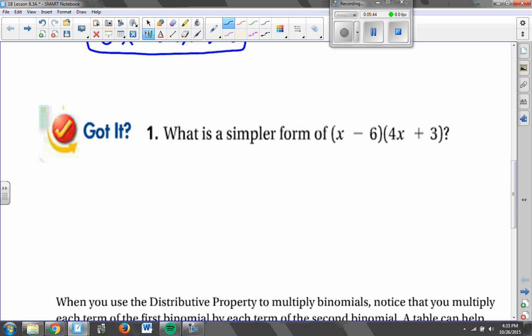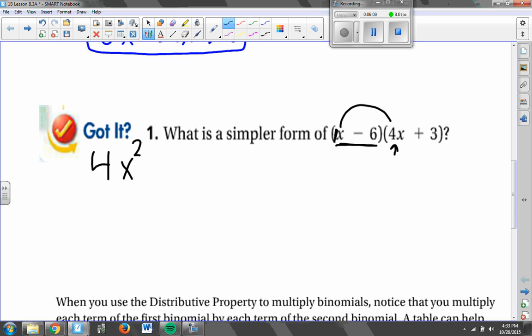But what I'm going to do, just like in the last problem, I'm going to take both pieces of this first set of parentheses right here and multiply it by this first term in my other parentheses, 4x. I'm going to do x times 4x. In front of my x, I imagine there is a 1. 1 times 4 is 4. x times x again is x squared.